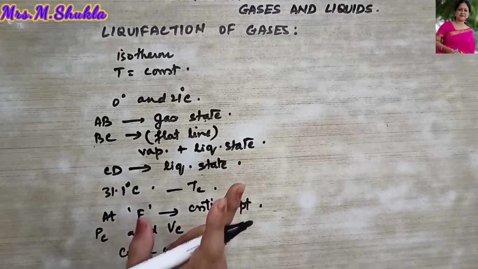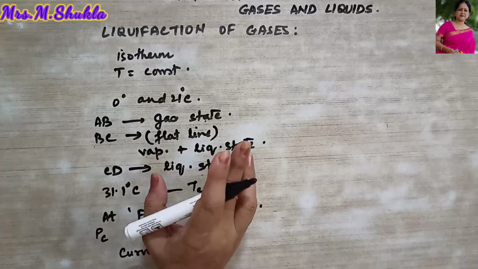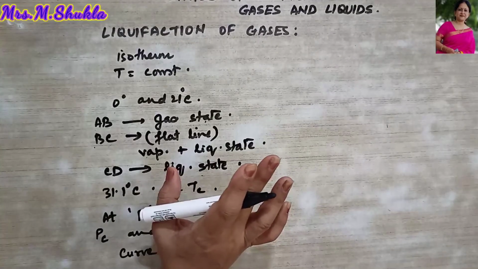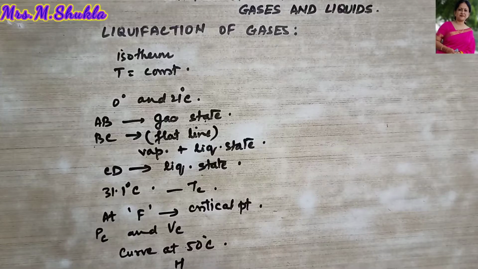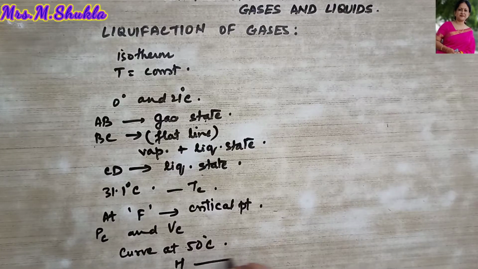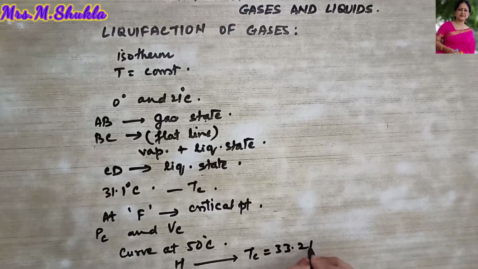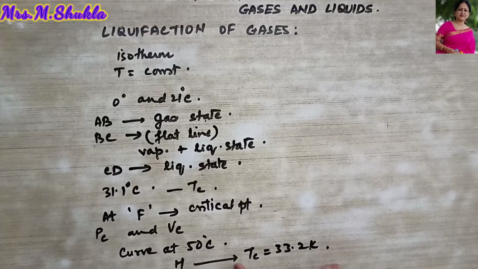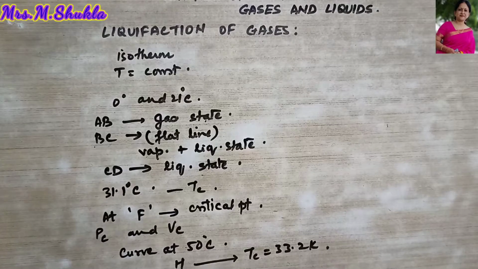Gases whose critical temperature is below the room temperature, it is difficult to liquefy. Remember, for example, let's talk about hydrogen gas. Hydrogen gas, the critical temperature is 33.2 Kelvin. This is much below room temperature, and therefore it is difficult to liquefy hydrogen gas.